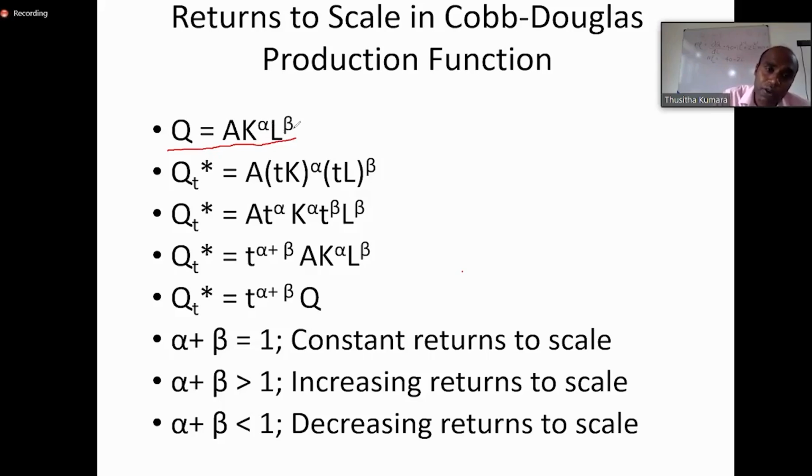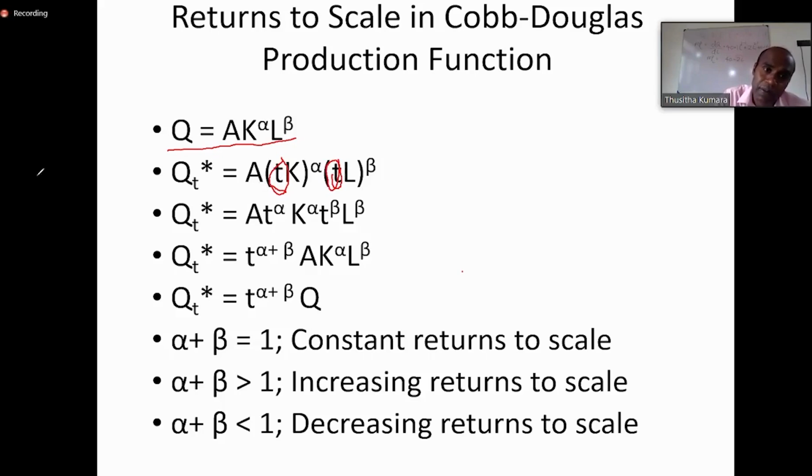Now what we are going to do is change both capital and labor in the same proportion. Let's say that proportion is T. It may be 10%, 50%, 100%, whatever it is. Let's say we increase capital by T proportion, and we increase labor also with the same proportion. So both capital and labor are increased with the same proportion. Then we can solve it.